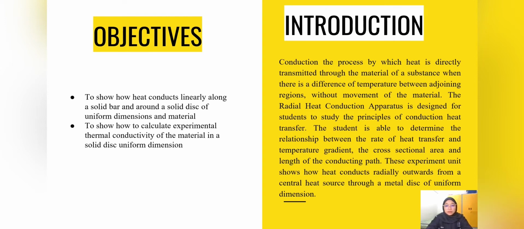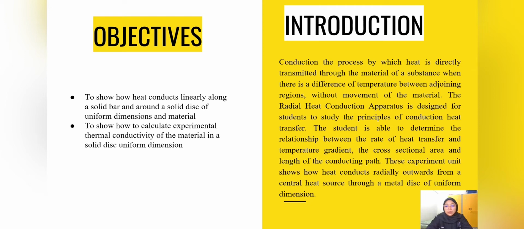Introduction. Conduction is the process by which heat is directly transmitted through the material of a substance when there is a difference of temperature between adjoining regions without movement of the material. The radial heat conduction apparatus is designed for students to study the principle of conduction heat transfer.